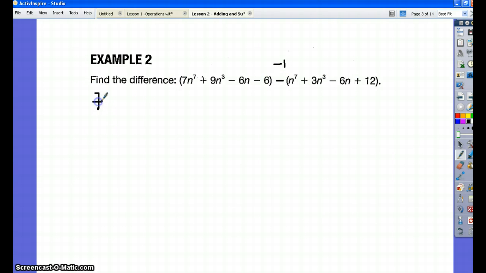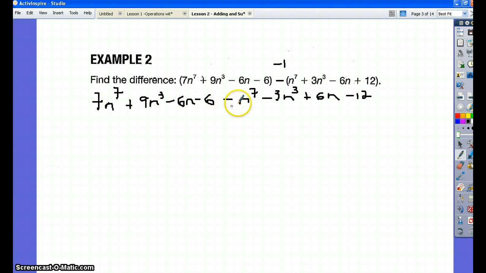So 7n to the 7th, you don't do anything to the first parentheses, plus 9n cubed minus 6n minus 6. Now here's where we flip the sign, so minus n to the 7th minus 3n cubed plus 6n and then minus 12.